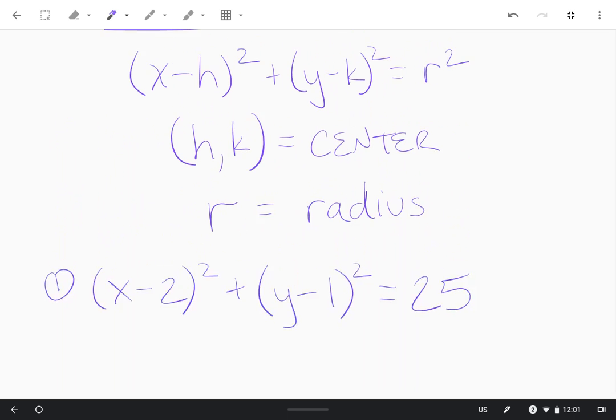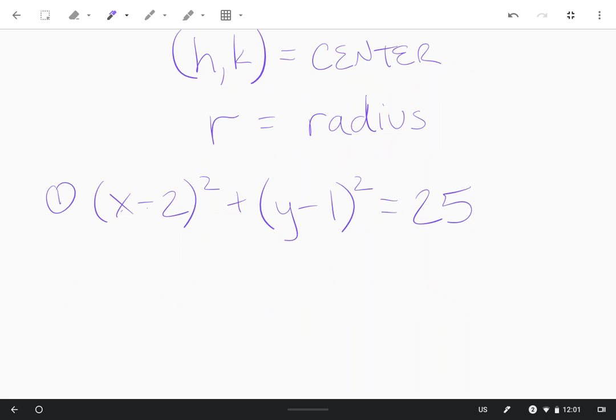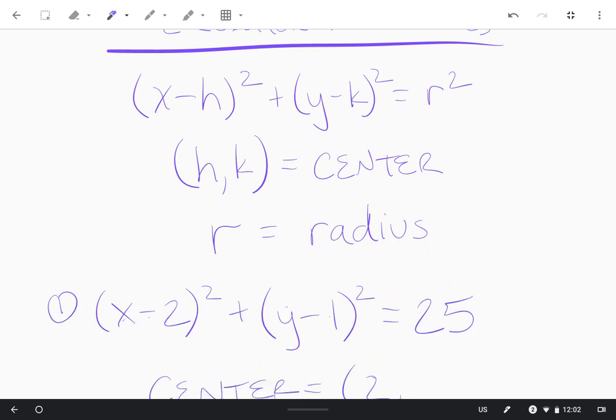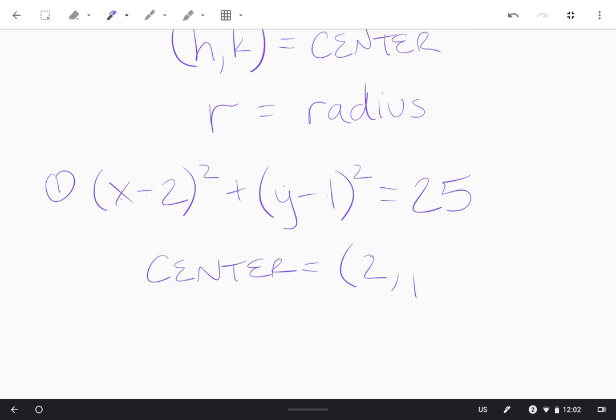So what I need to be recognizing is that I need to be able to look at this equation and identify the center and the radius based on the information given. So I can see that x minus h is x minus 2. That means that h is 2. So the center has an x value of 2. And since it's y minus 1 and it was y minus k, then the center has a y value of 1.